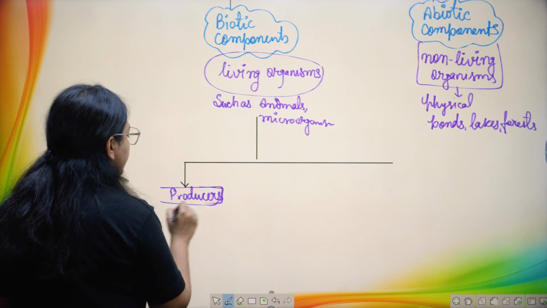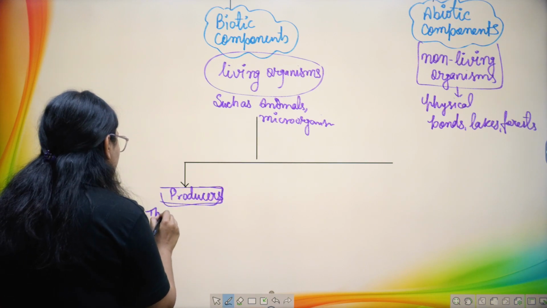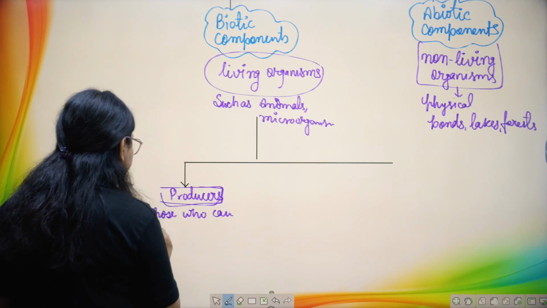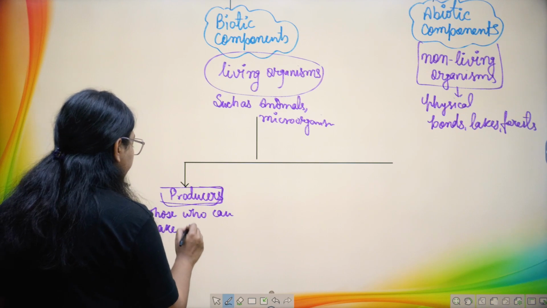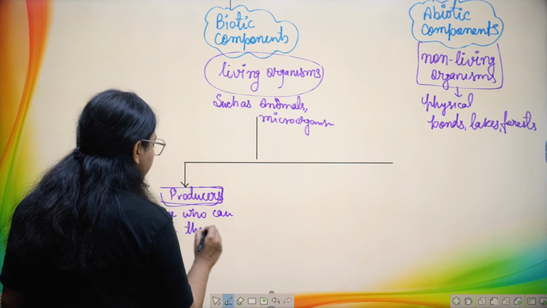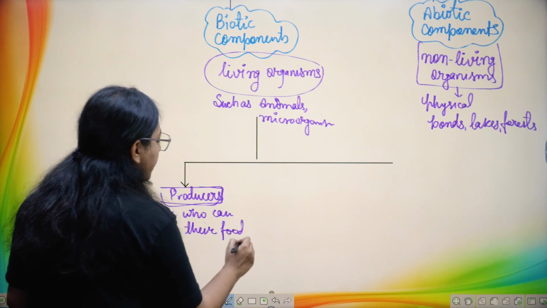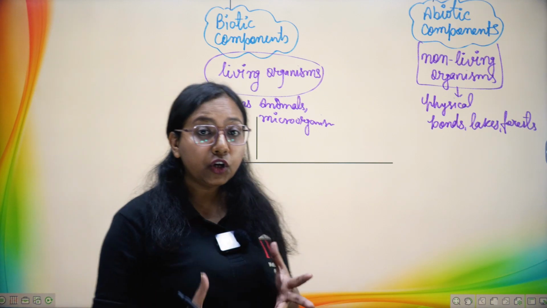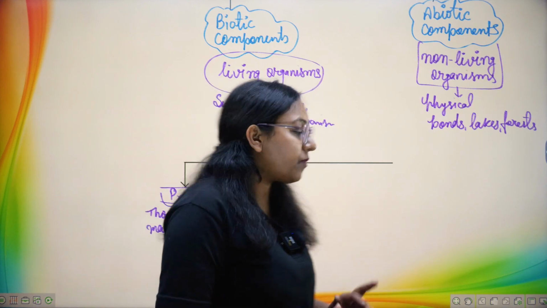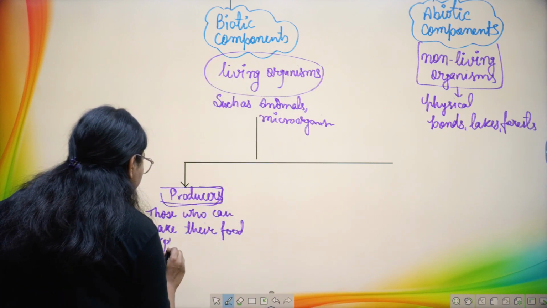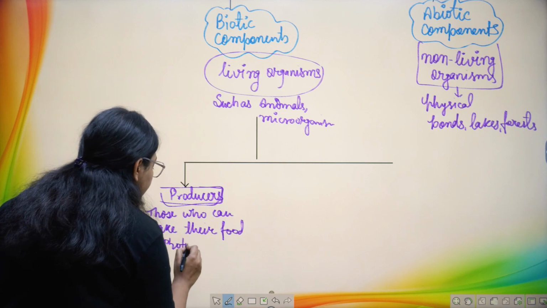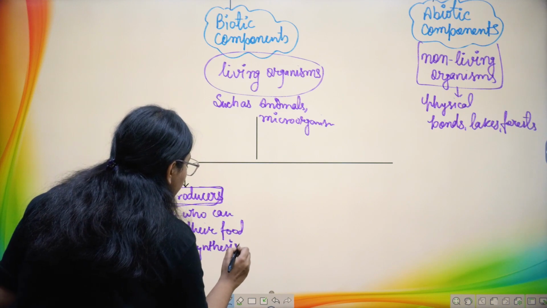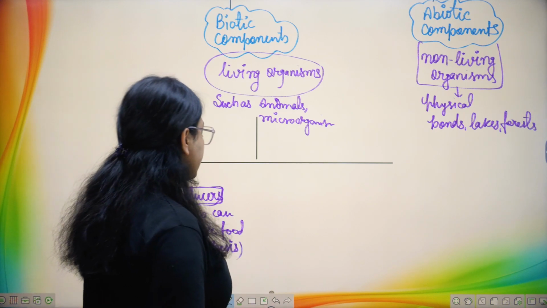Producers are those who can make their own food. They provide the food, and the way of their food making is photosynthesis. They can make their food with the help of the process called photosynthesis.